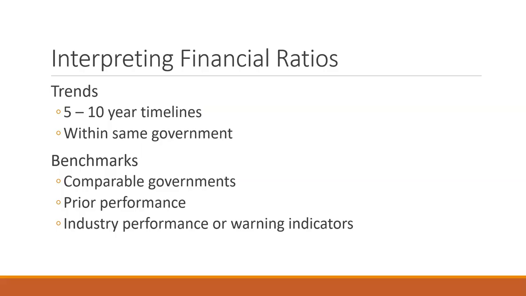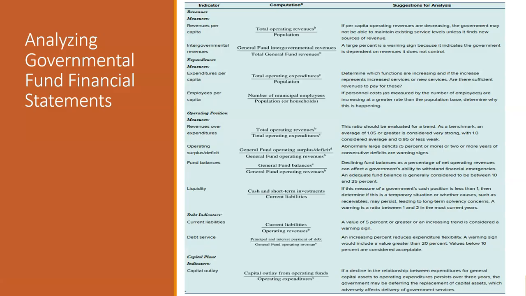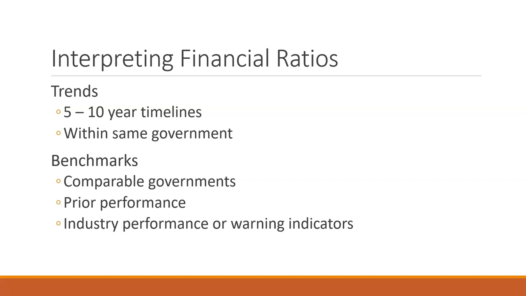When we're looking at financial ratios, we want to have a 5 to 10 year timeline and within the same government. So when we're looking at these ratios where we're looking at operating revenues to population, we want to be looking at the same government's information for that. Okay. However, when we're benchmarking, we can compare to other governments.